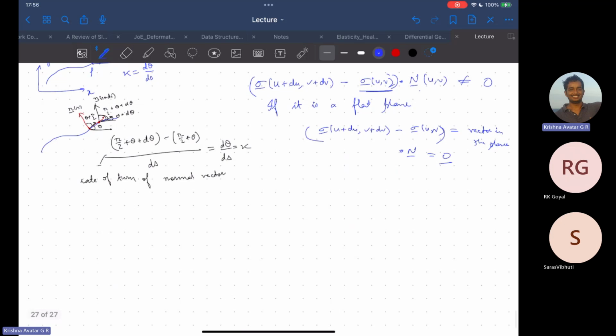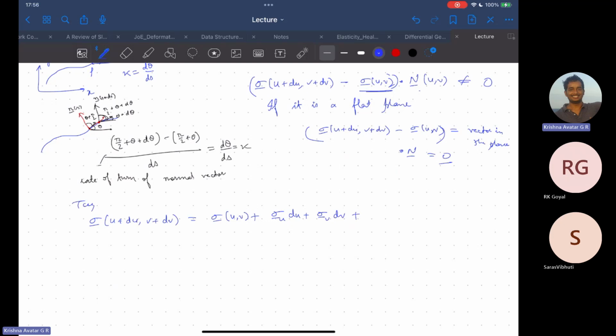So what we do is take sigma(u plus du, v plus dv) equal to sigma(u, v) plus sigma u du plus sigma v dv.